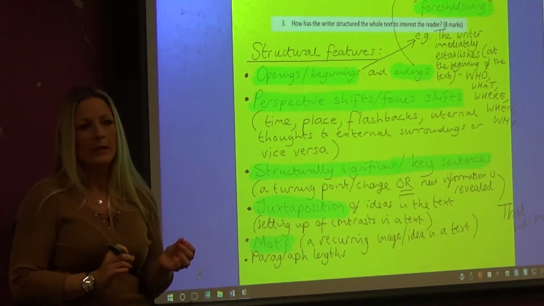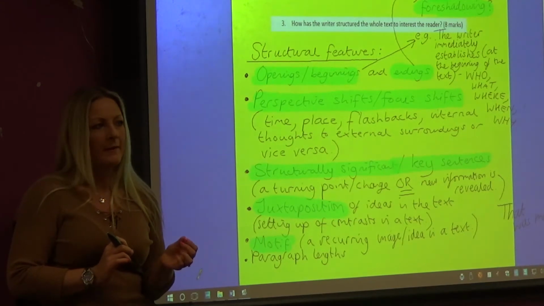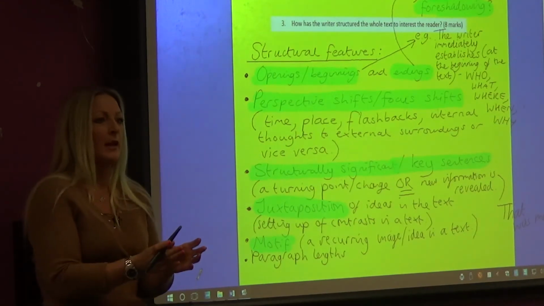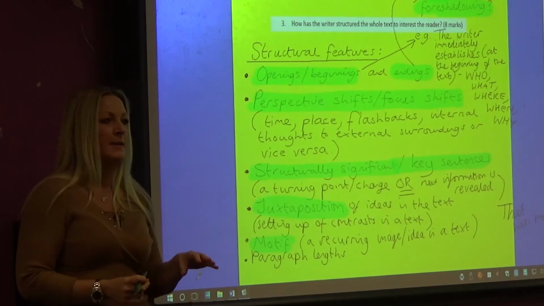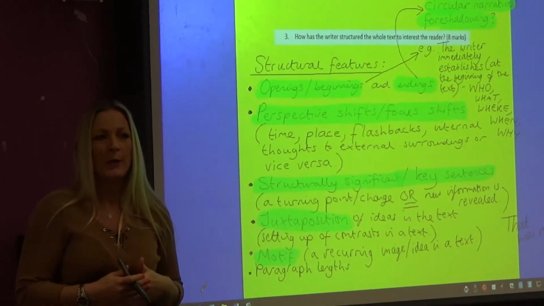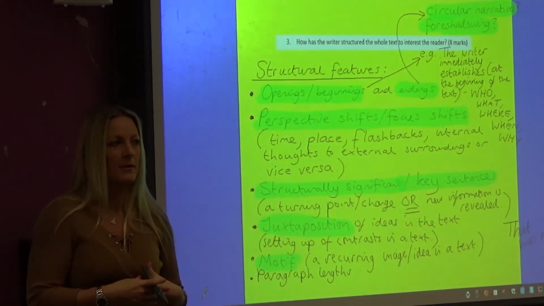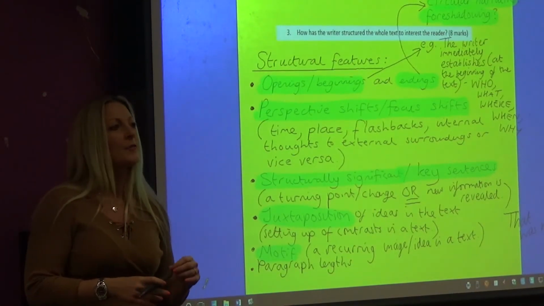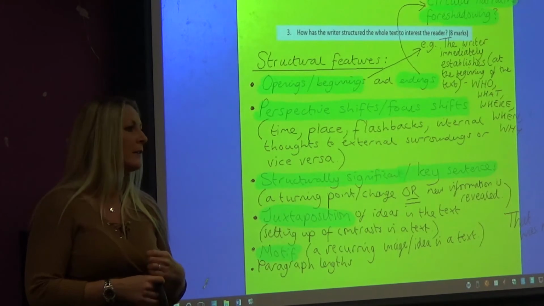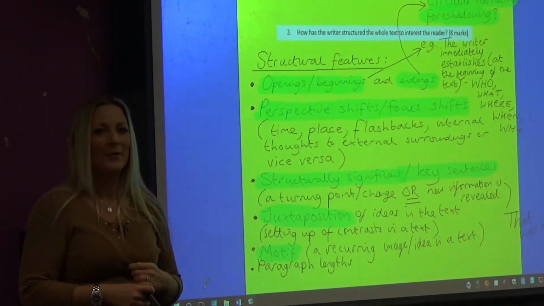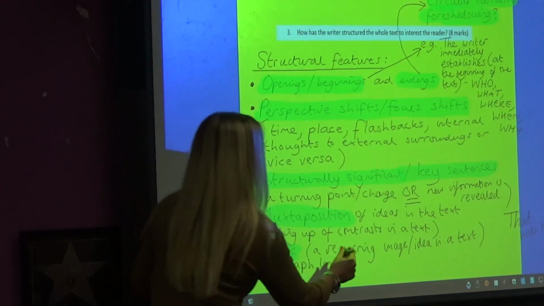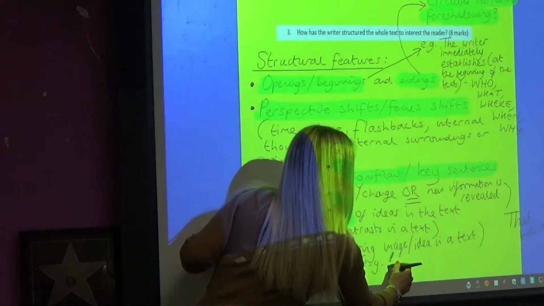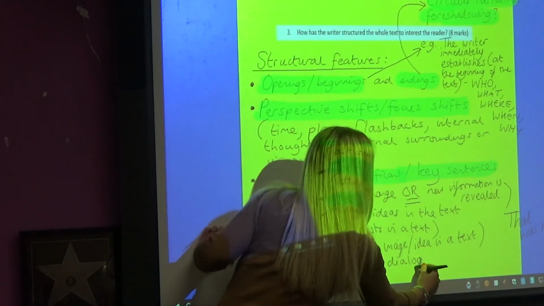So, paragraph lengths. When you're looking at paragraphs, often paragraphs get shorter when there is a certain technique used that begins with D. So you'll have lots of description at the beginning, and then later in a text, the paragraphs might get shorter when a certain technique or method is used. What would that be? Second letter is I, so it's D-I. Anyone there? Okay, it's dialogue.